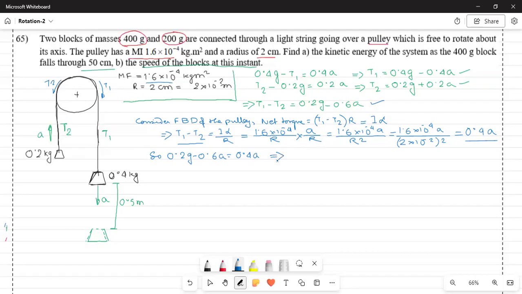From here, if you take 0.6A to the right hand side, it becomes A. A is equal to 0.2G. Or we can write A is equal to G upon 5.